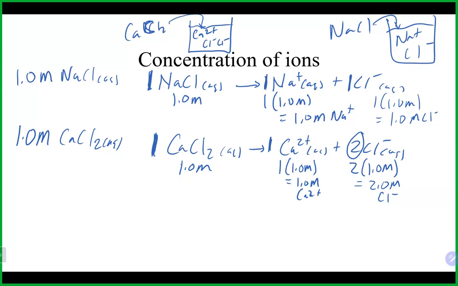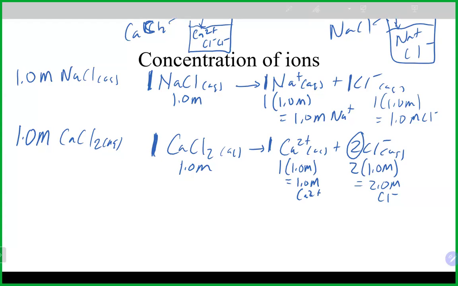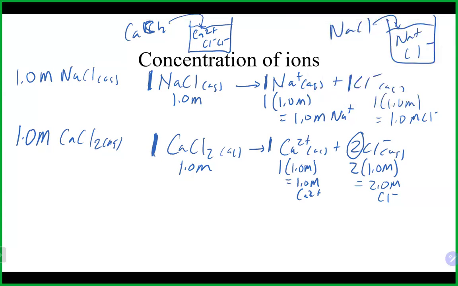It's obviously not additive. That is the short way to quickly figure out the concentration of an ion if you know the concentration of the ionic compound. If it broke apart into a 1 to 3 relationship, you would multiply the molarity by 3, like we did here, 1 to 2 times it by 2. If it's a 1 to 1 relationship, you don't have to do it.